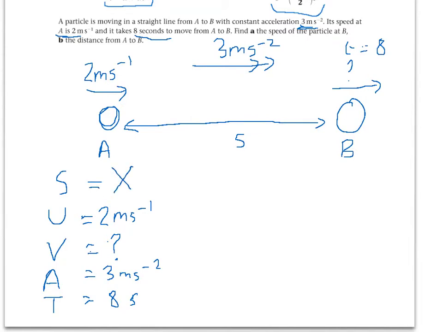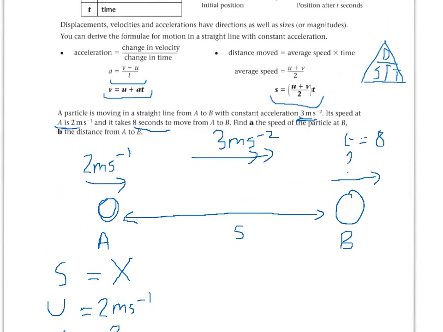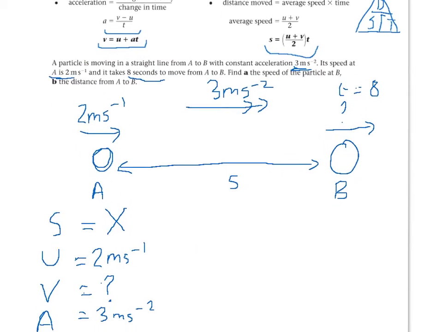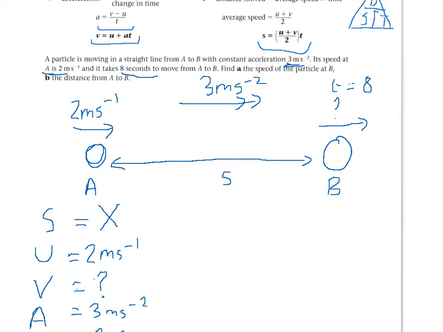If we try to find the final velocity, or final speed in this case, just look at this equation. V equals U plus AT. So write that down. Write in what we know.